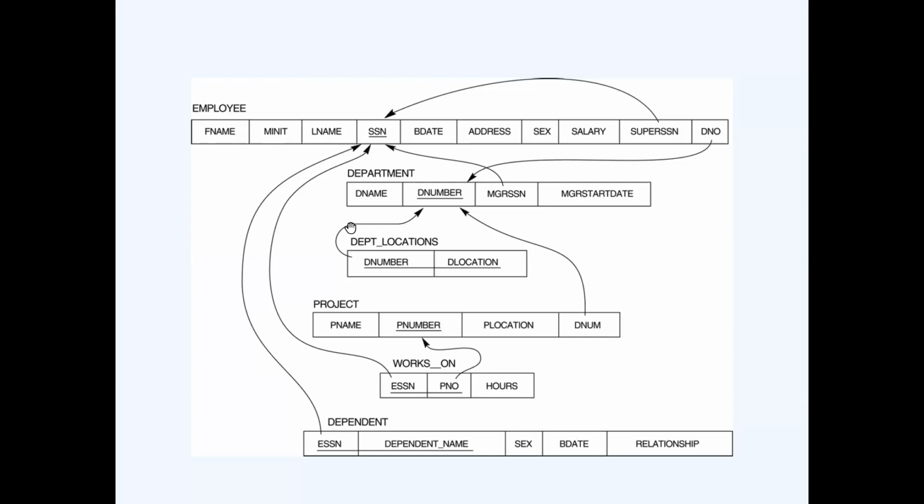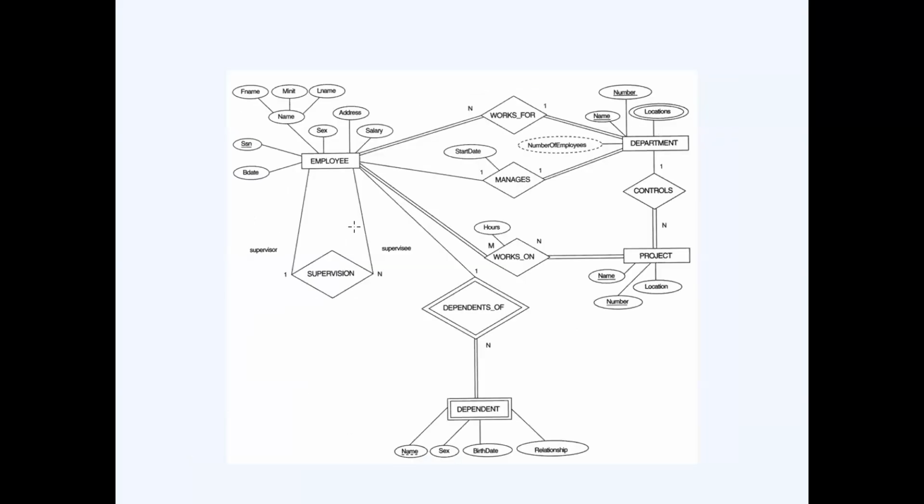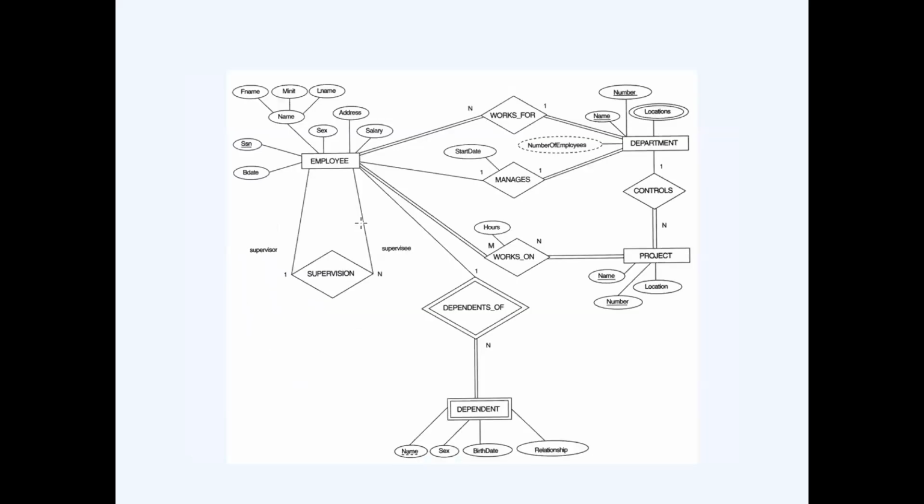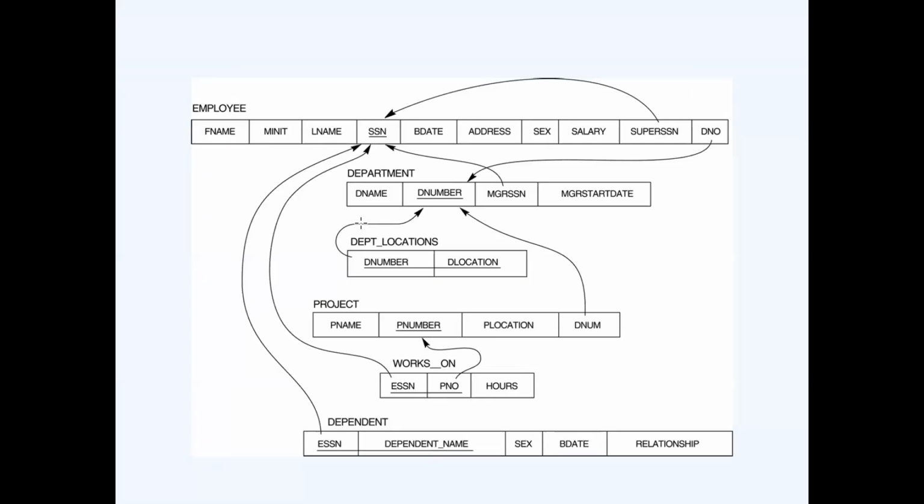So today, what we discussed is how you may convert an ER diagram like this into a logical diagram like this, which consists of schemas. As a summary, we discussed each of the regular entity types. We create relations: we have employee, department, and project. We select one of the key attributes as the primary key.